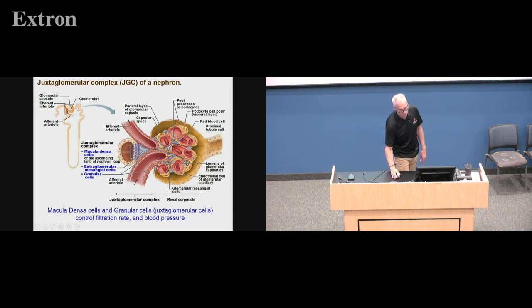So this little circle represents a cross-section through the thick ascending limb of the loop of Henle when it arrives back at its own original glomerulus, its own original juxtaglomerular apparatus, it's correctly called. And in that section of the tubule are macula densa cells that can sense the concentration, the osmolarity, the salt concentration of the filtrate.